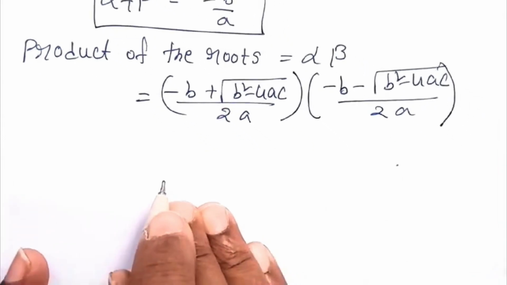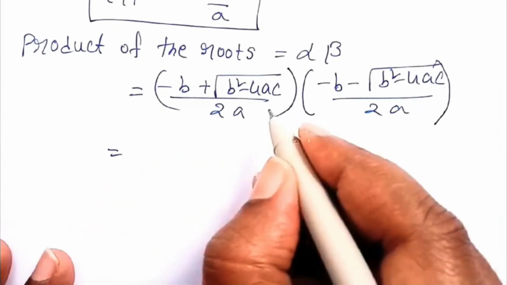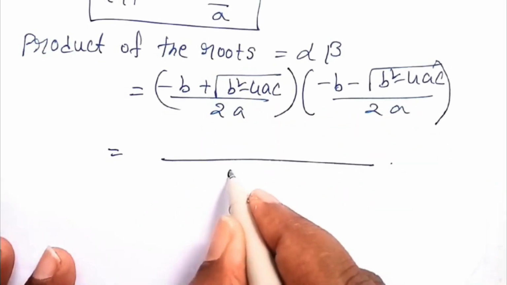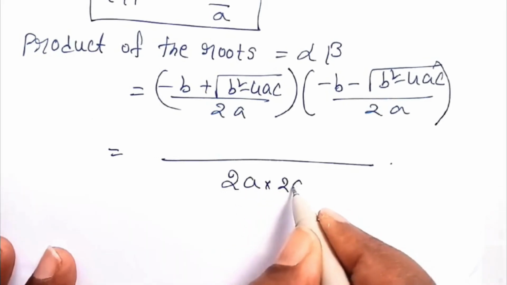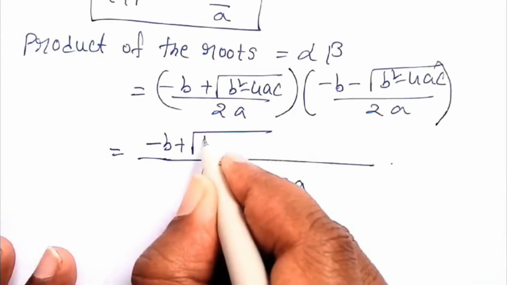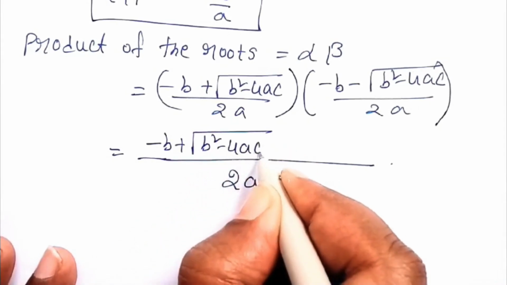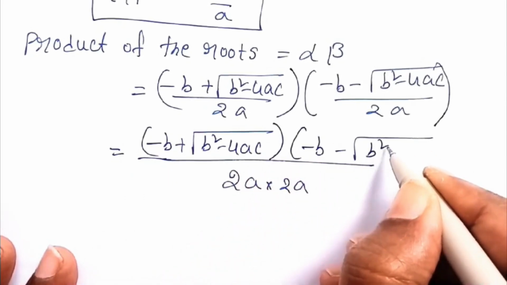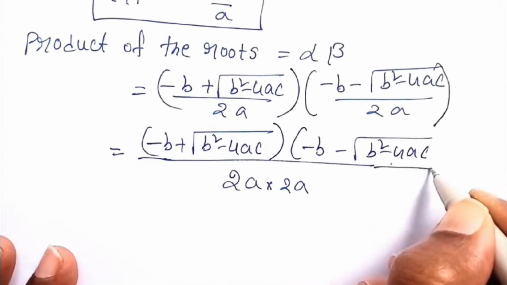Now the two fractions multiply, numerator into numerator and denominator into denominator. The denominator is 2a into 2a, and the numerators are minus b plus square root of b square minus 4ac into minus b minus square root of b square minus 4ac.